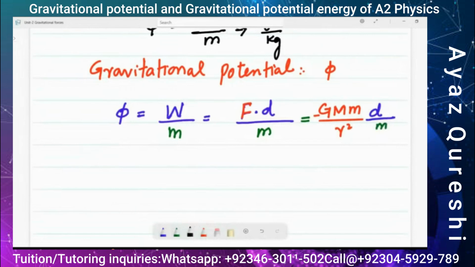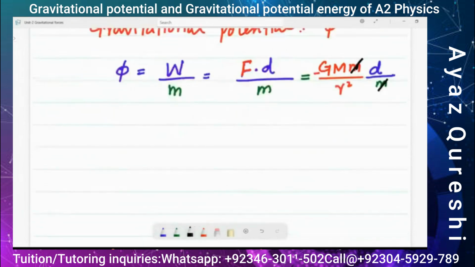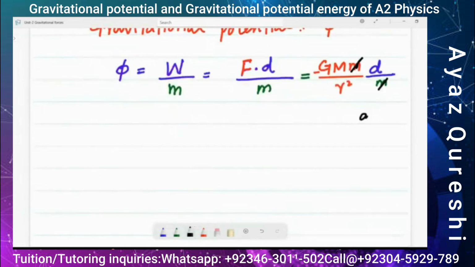When you cancel this m with this m, you are left with d, and this d can be written as r in the gravity topics. So now my gravitational potential is minus G M, capital M, divided by r.